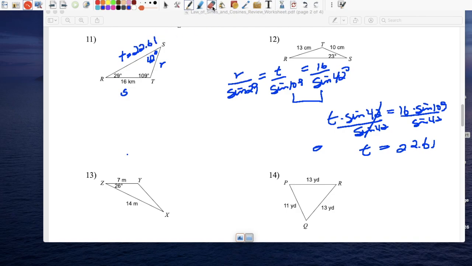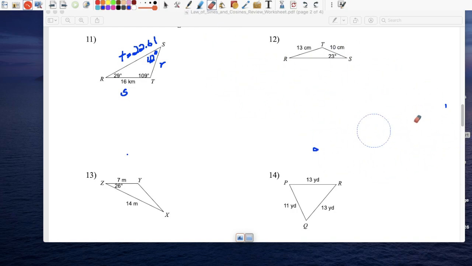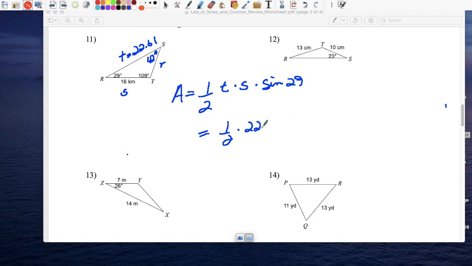Now that I have that side, remember, the area is going to be half of t, small t, times s times the sine of angle 29. So we substitute: half times 22.61 times s, which is 16, times sine of 29.